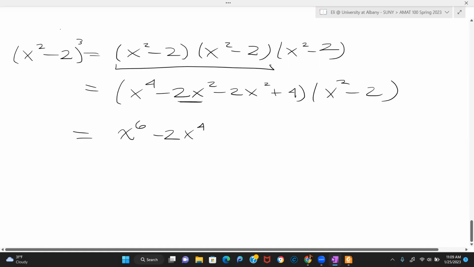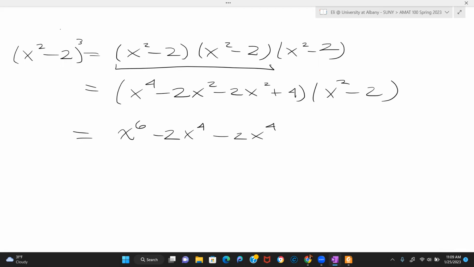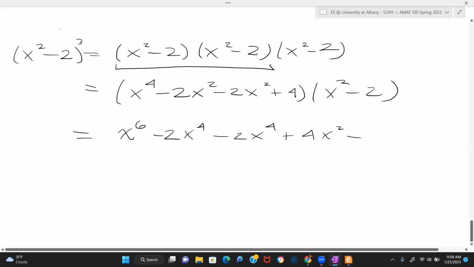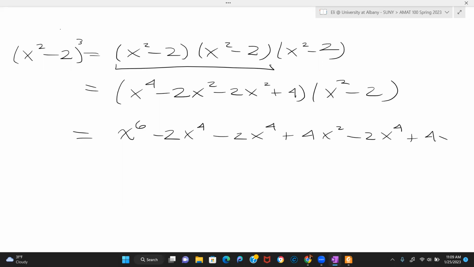And now we'll do this term right here. When you distribute that through, you get negative 2x to the fourth, and then plus 4x squared. Now distribute this term. So you get negative 2x to the fourth plus 4x squared. And then I've got to copy down on the next line because I'm running out of room. Now I distribute the 4.